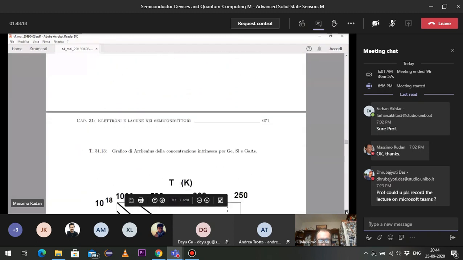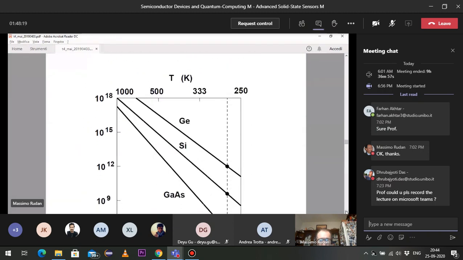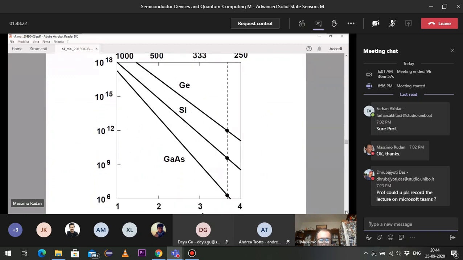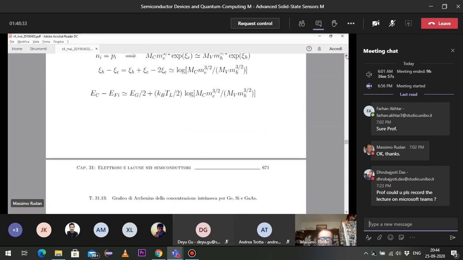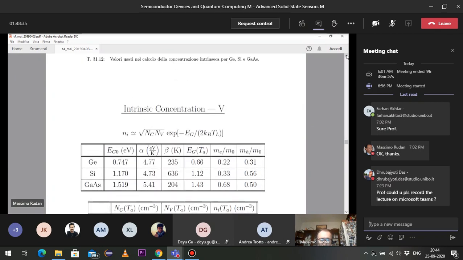Here we have a graph that shows the dependence of the intrinsic concentration on temperature. I go back for a second to the expression. We want to make a graph of the function that is in the first line.